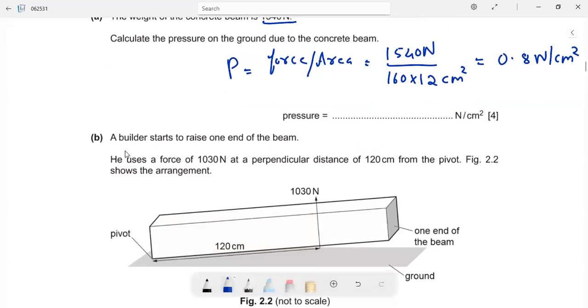Next, a builder starts to raise one end of the beam. He uses a force of 1030 Newton at a perpendicular distance of 120 centimeter from the pivot. Distance is given, force is also given.